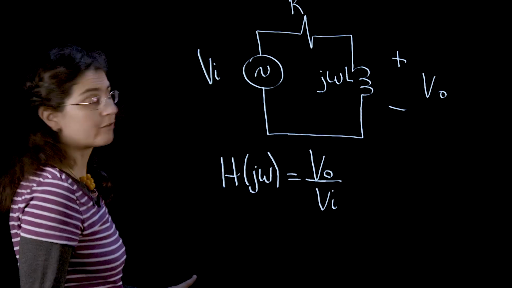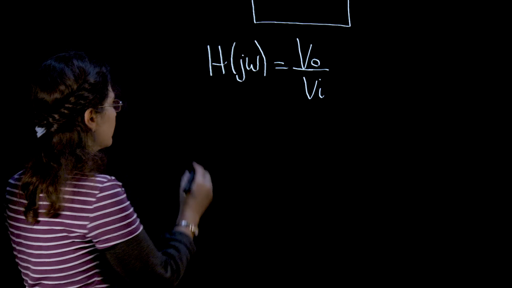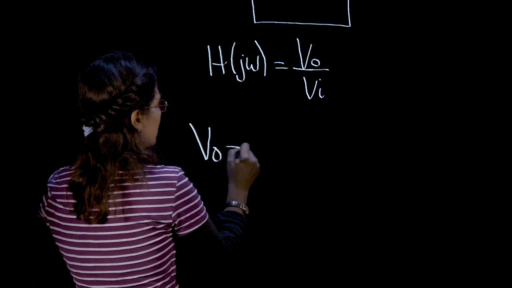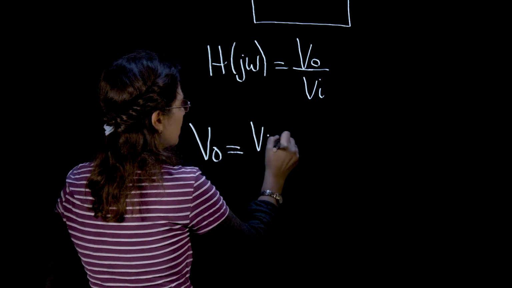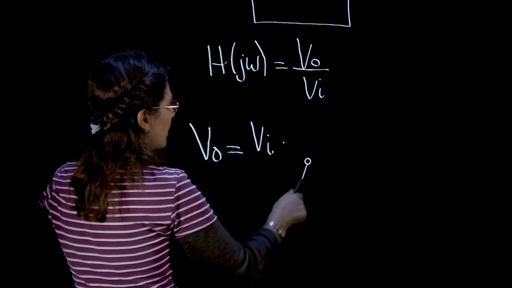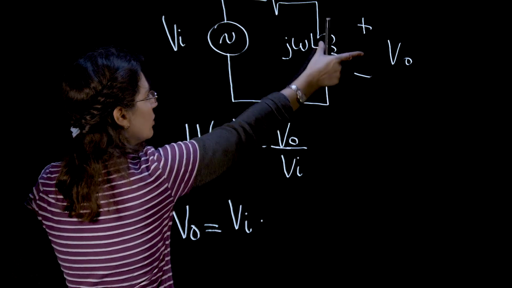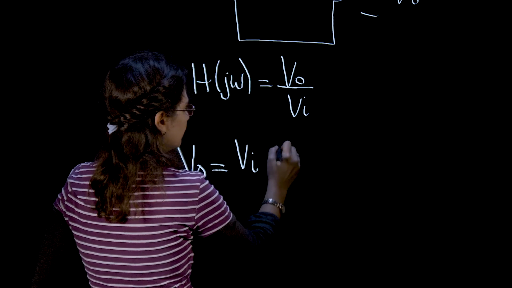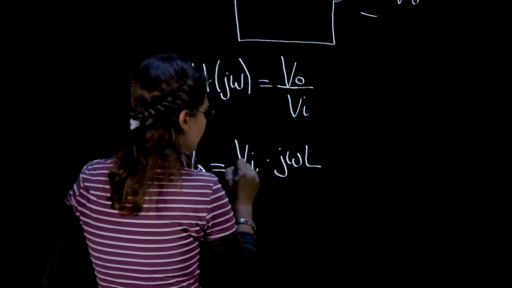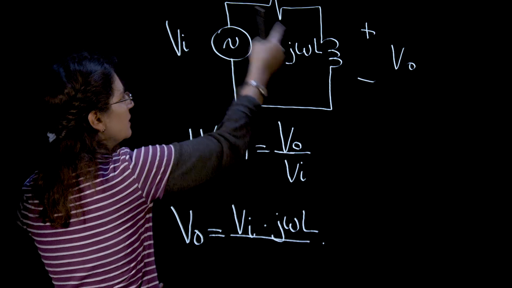So the voltage divider will look like this. Output voltage is equal to my input voltage times the impedance where I want to get my output, which is j omega L, over the sum of both impedances.